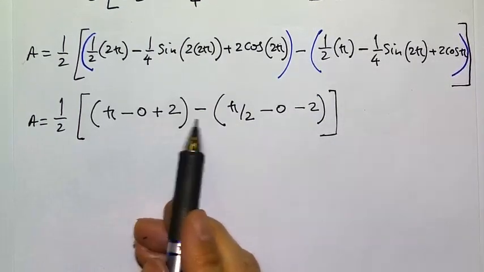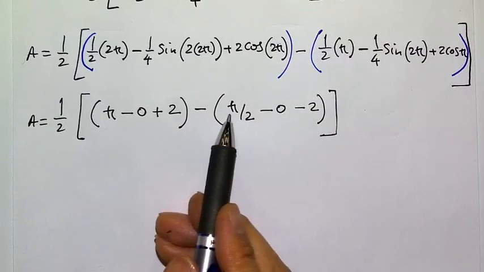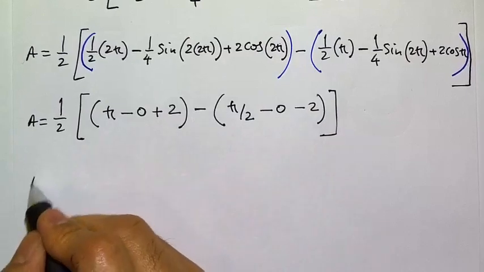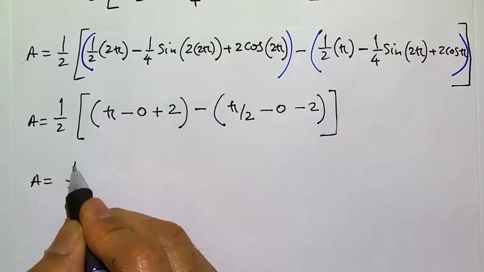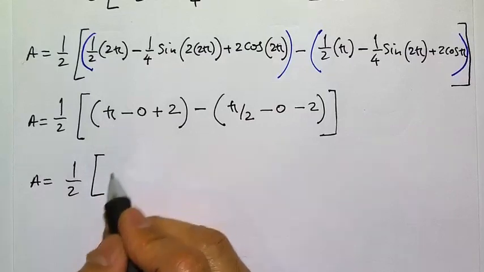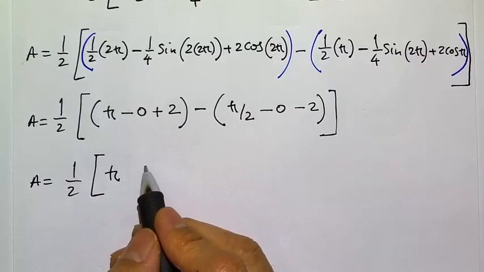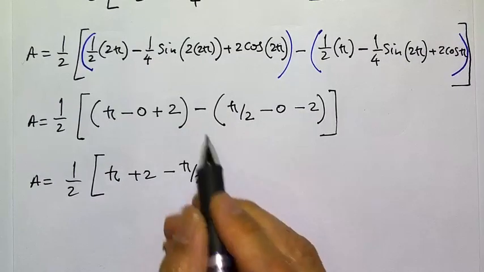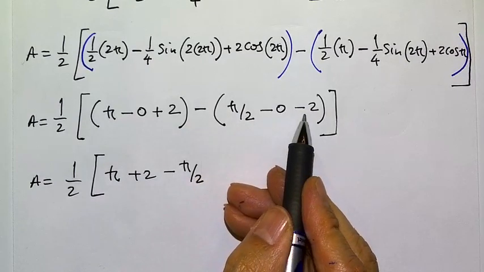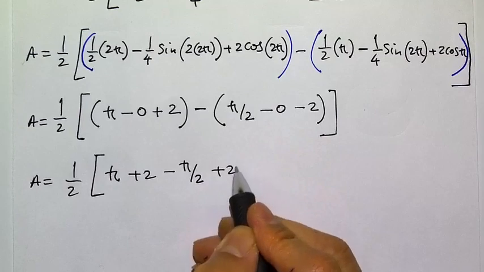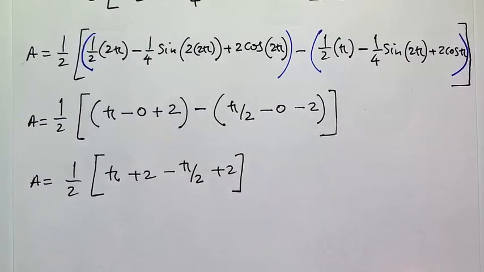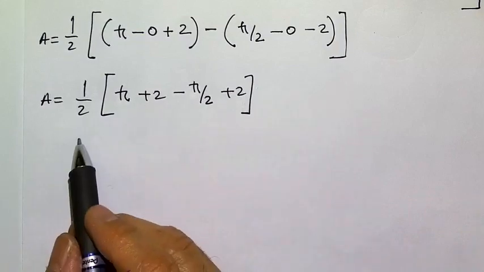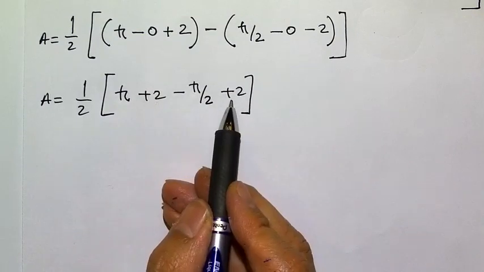Okay, so now we have some things to simplify here. We got to distribute this minus into this. So we have A equals 1/2 times pi plus 2, and then minus pi over 2, and then minus 2 is positive 2. So we have, okay, let's see. We got 2 and 2 are 4.